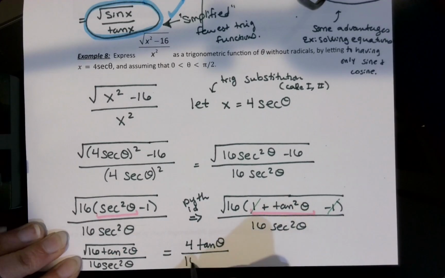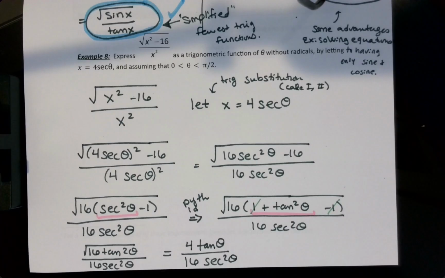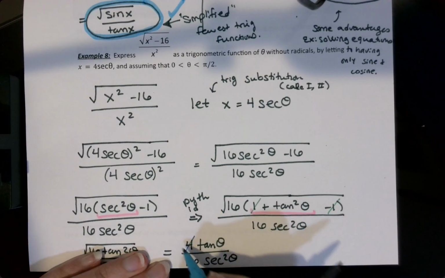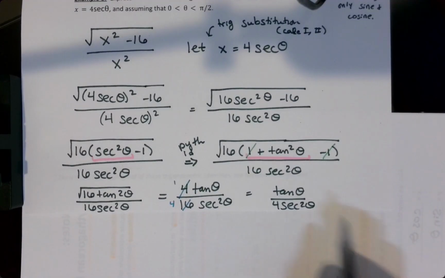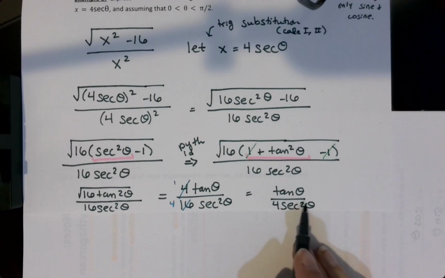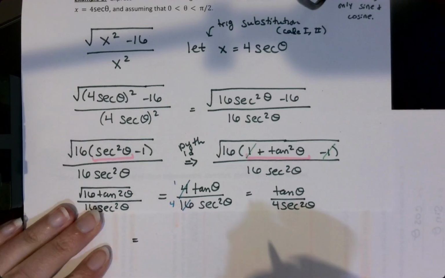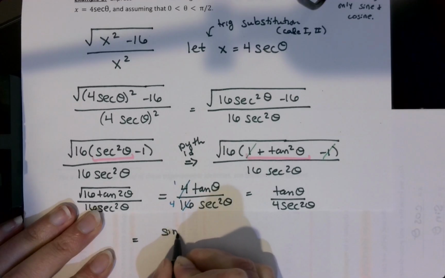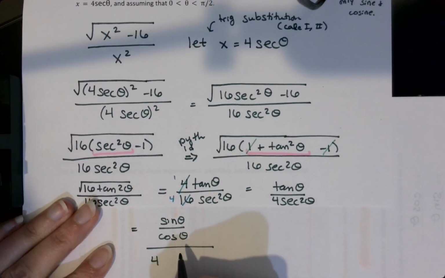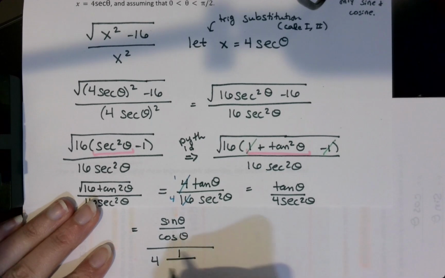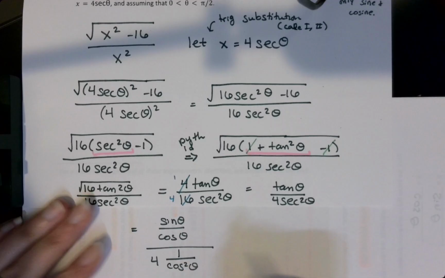Now, I think we can probably do a little more reducing on this one. Right now, I do have 2 trig functions with 1 square, but I know that tangent is equal to sine over cosine, and secant theta is equal to 1 over cosine, so secant squared is equal to 1 over cosine squared theta. All right. So this 4 times the 1 over cosine squared theta, that 4 can multiply up to the top. 4 is 4 over 1, so it's really a 4 over cosine squared theta.